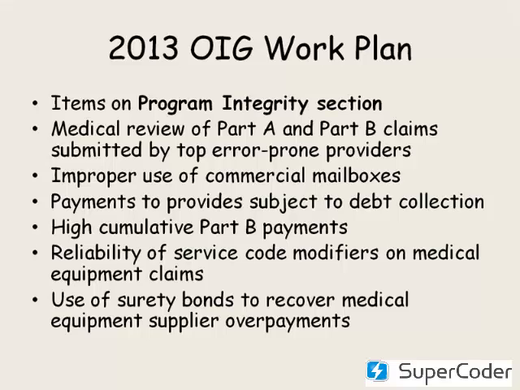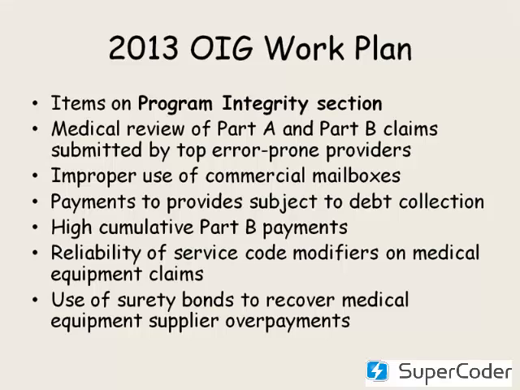But some of the other things underneath, like the program integrity section, you're going to find that they do talk about a lot of things that may affect you. And so, as I said on slide 3, these are some of the topics that we're going to go over, and we'll go over them in more detail, but such as things like the error-prone physicians, the use of mailboxes, modifiers on DME equipment, so overpayments.